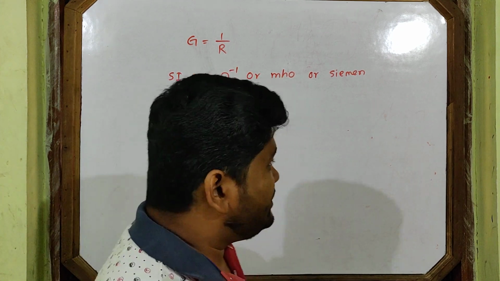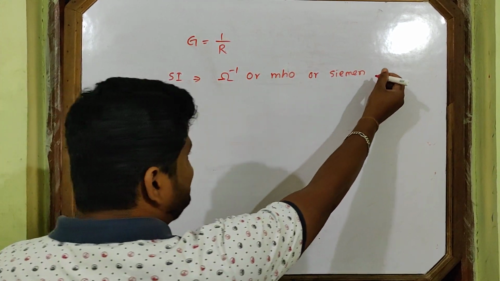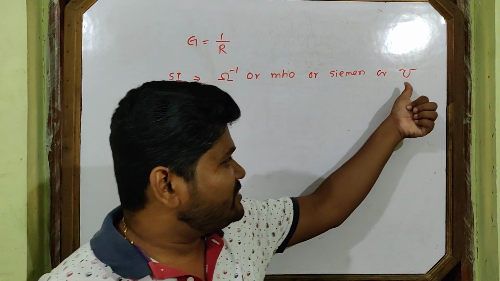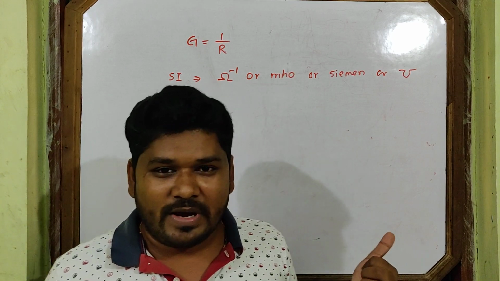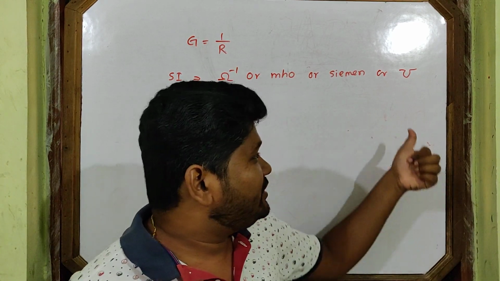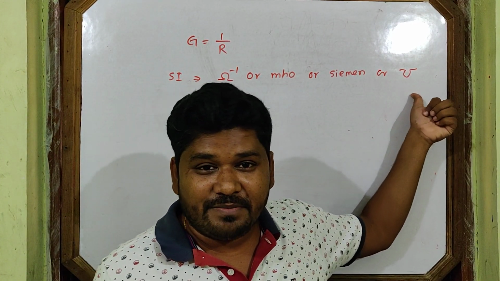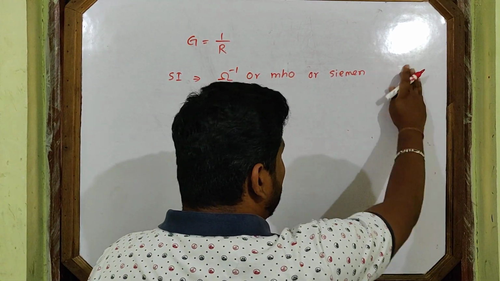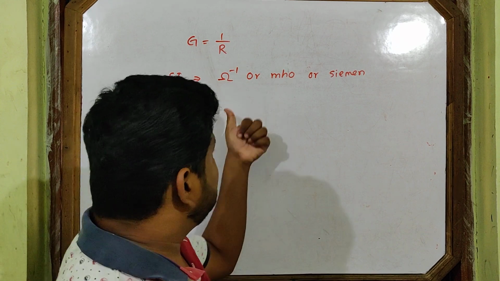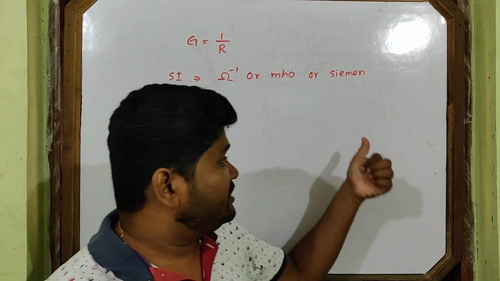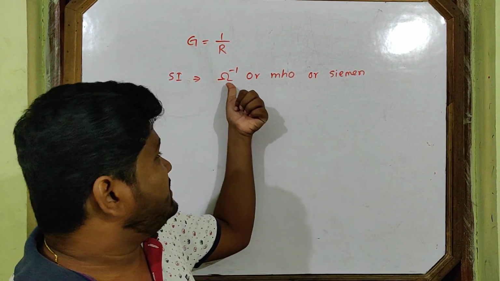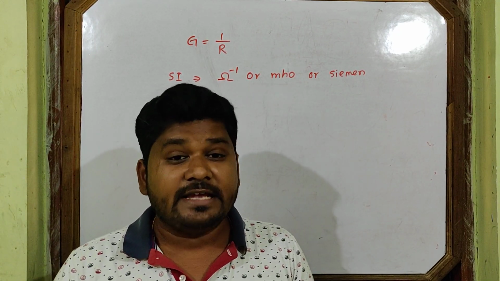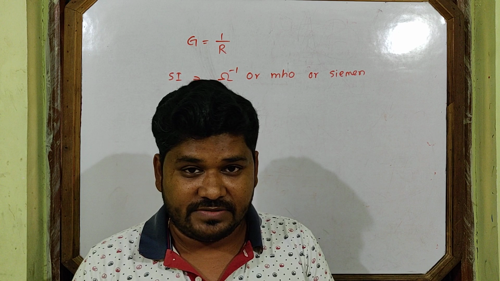But some students use this type of symbol, which I think is not given in a book. It is better if you do not use it, as it may be anybody's personal view. These three are sufficient, and this is the most appropriate SI unit. This symbol is also good. So this is about the SI unit of conductance.